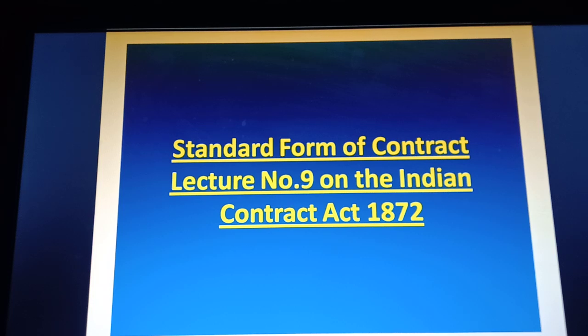In standard form of contract, one party lays down all the terms and conditions in a paper and presents that contract to the other party for his acceptance, but the other party to whom that contract is given is not in an equal position to negotiate about the terms and conditions of the contract. He has got only two options, either to accept the contract or forget about the contract.